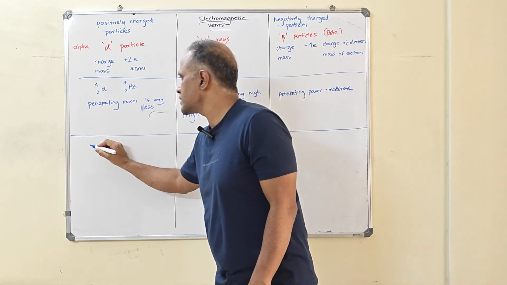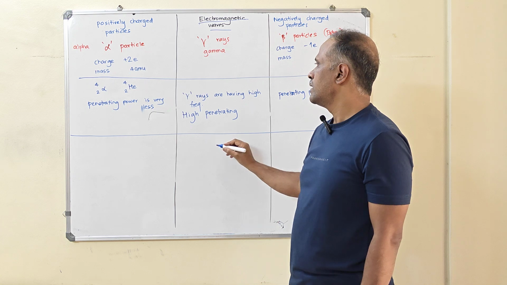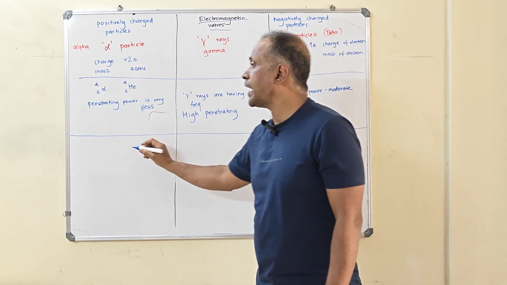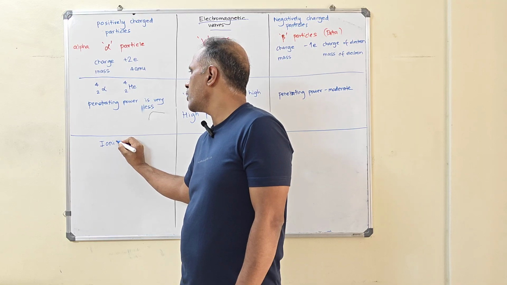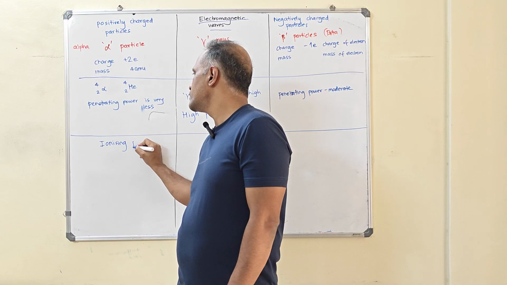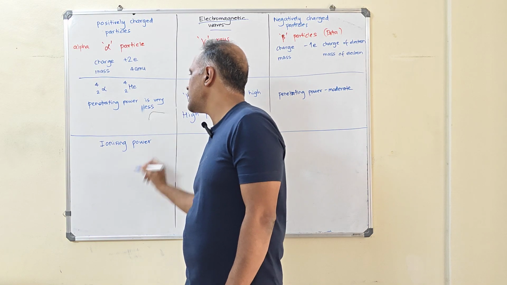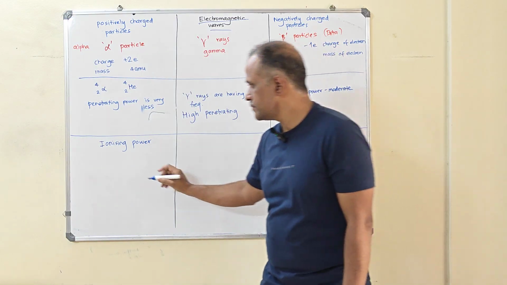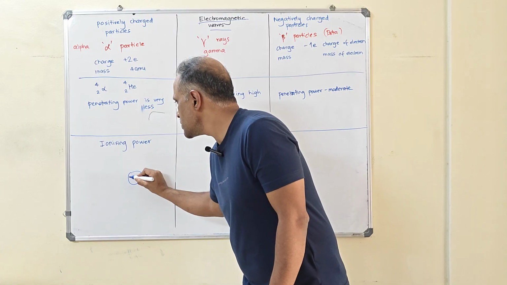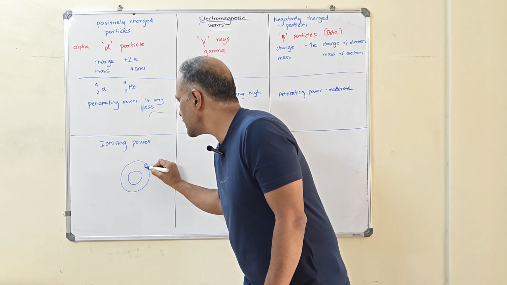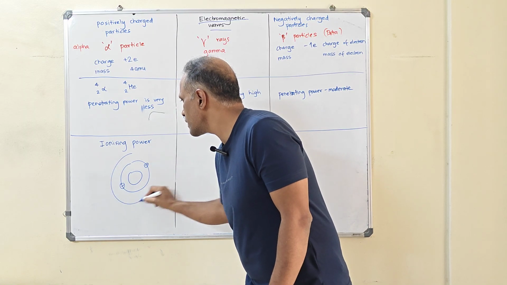The last point before we break off this session is the ionizing power. What is ionizing power? Ionizing power is the ability, see, suppose an atom has electrons in its shells.